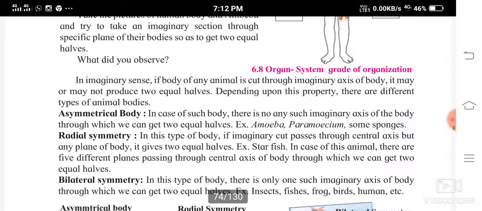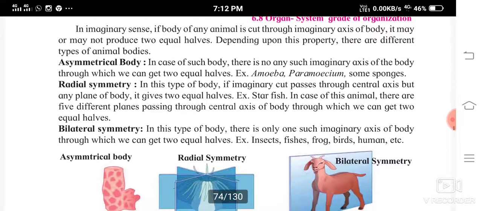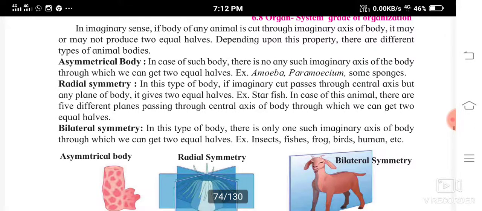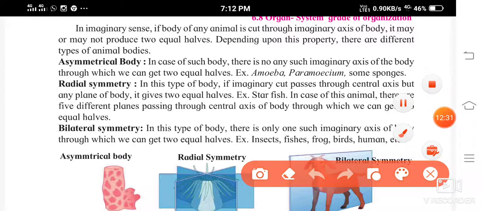Now see, asymmetrical body. In case of such a body, there is no imaginary axis of the body through which we can get two equal halves. I told you, you are going to cut through an imaginary axis of the body, and you will find whether you get two equal halves.